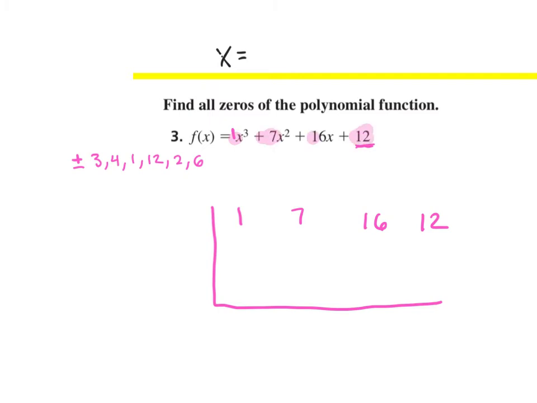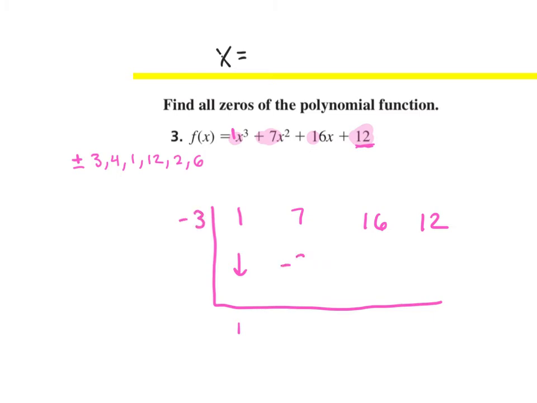What do you want to try first? 2. Drop down the 1, multiply, add, multiply, doesn't work. What do you want to try next? -3.